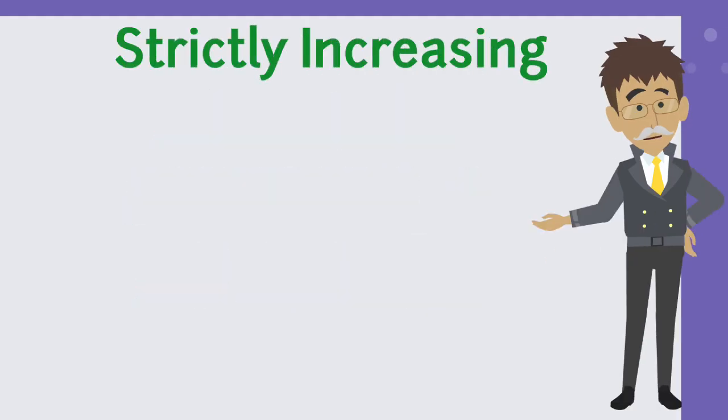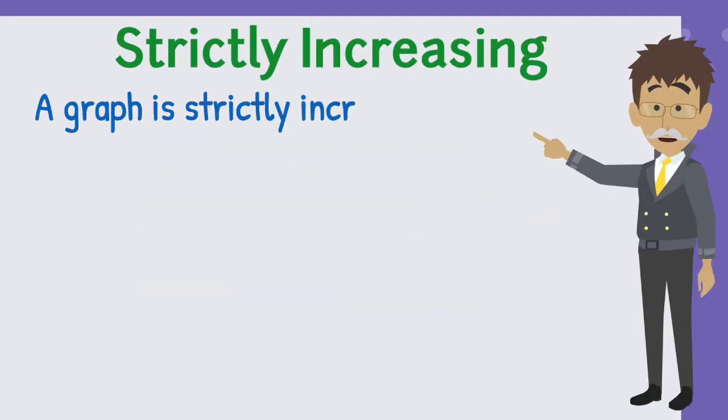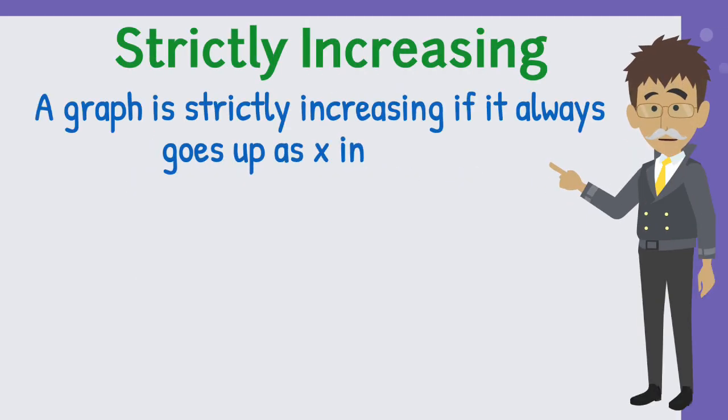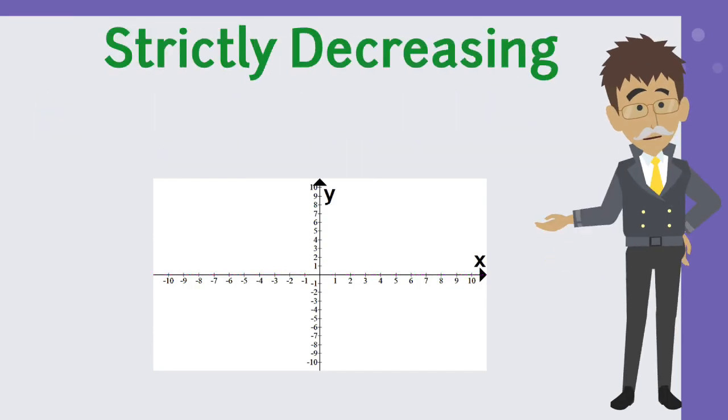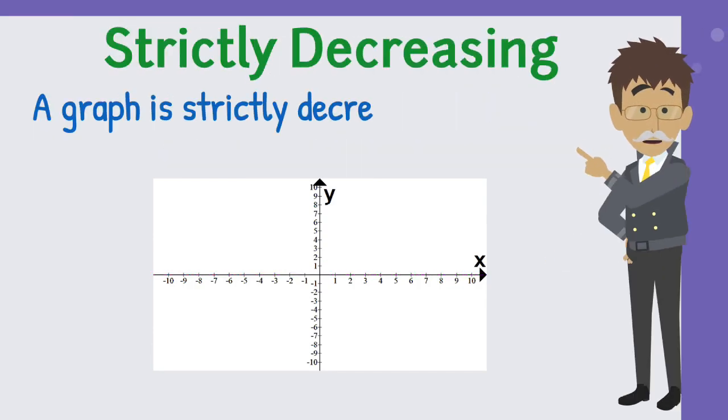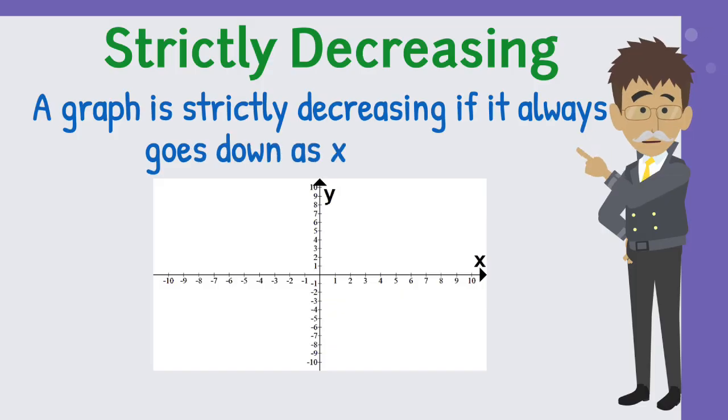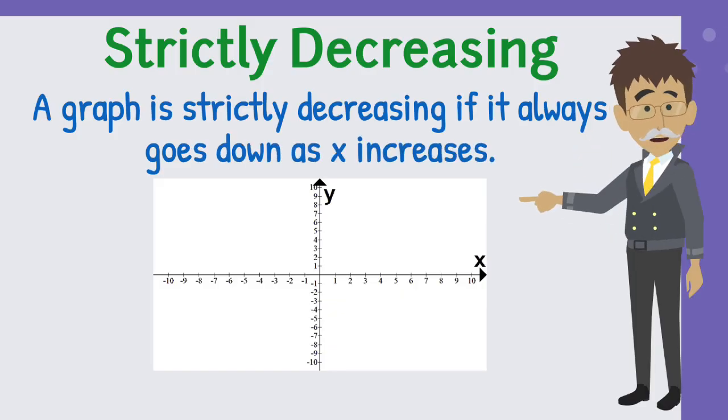Strictly increasing. A graph is strictly increasing if it always goes up as x increases. The graph of exponential growth is strictly increasing. Strictly decreasing. A graph is strictly decreasing if it always goes down as x increases. Exponential decay graphs are strictly decreasing.